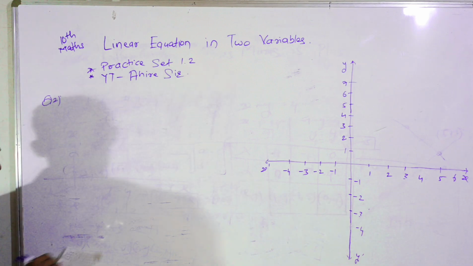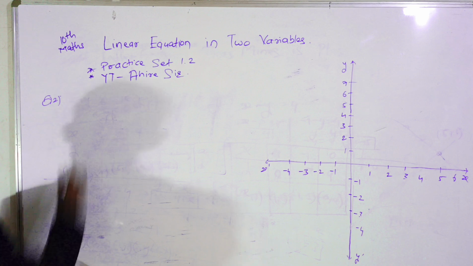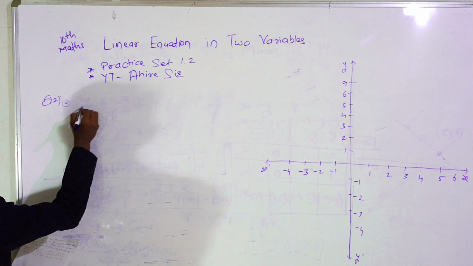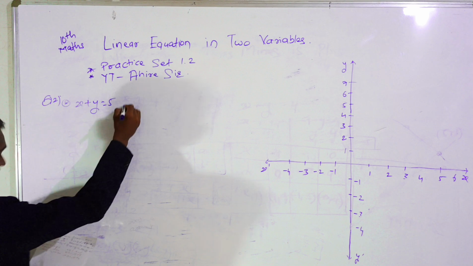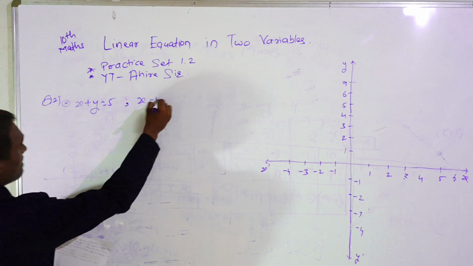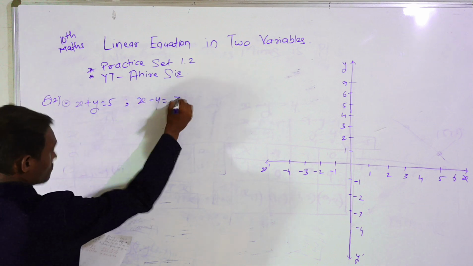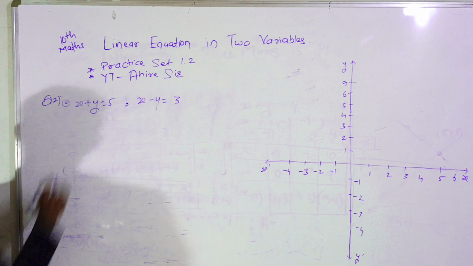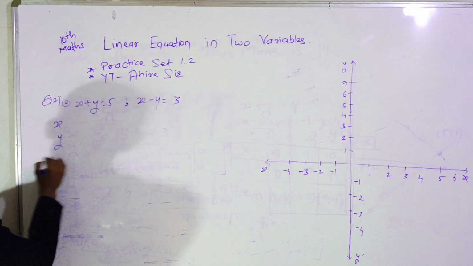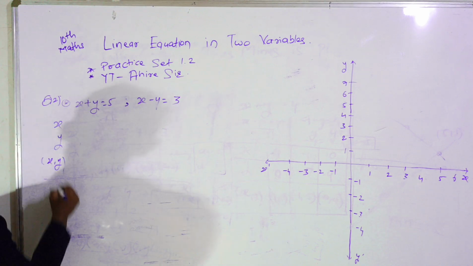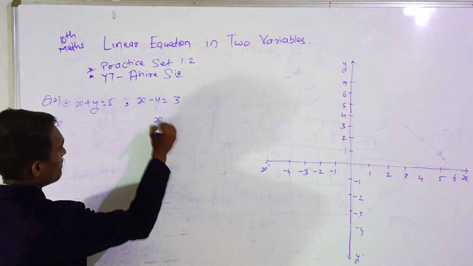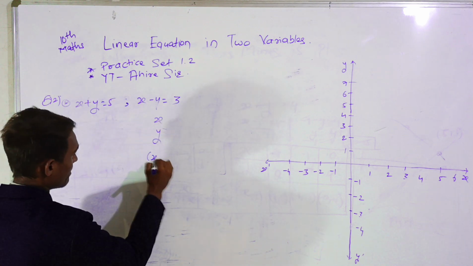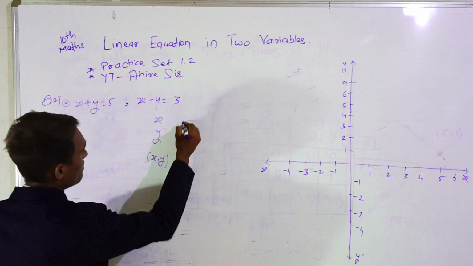The second question is x plus y equals 5 and x minus y equals 3. x, y, these are the coordinates.